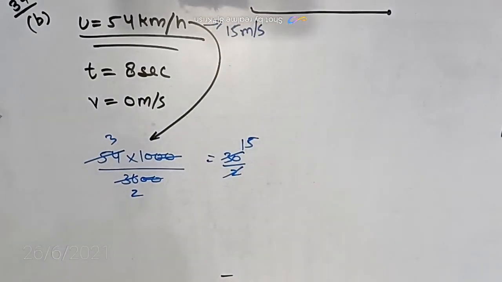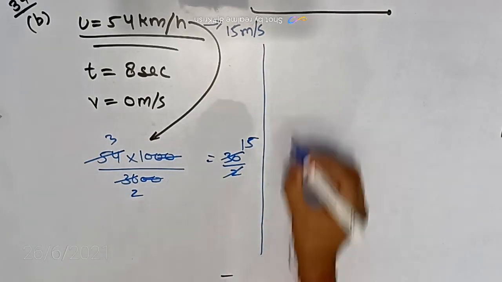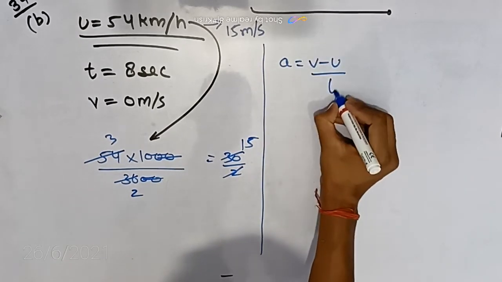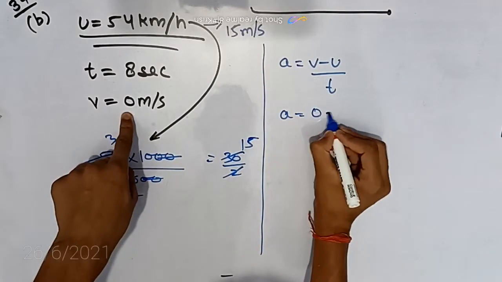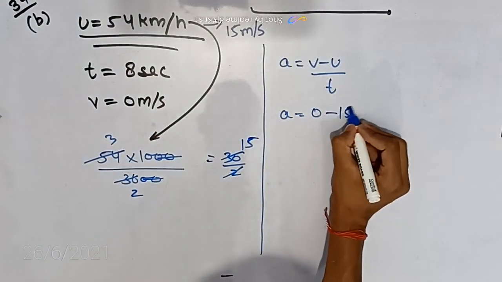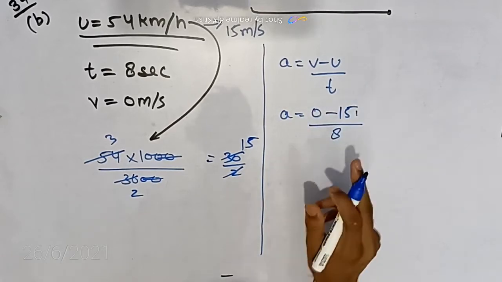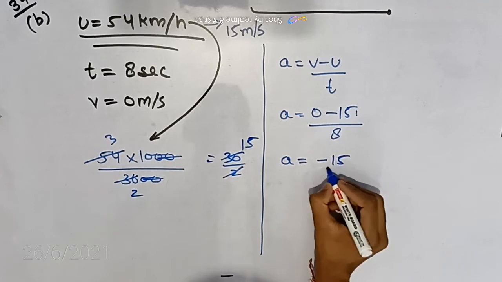So now we will calculate the acceleration. We will place these values in the acceleration formula, that is a equals v minus u upon t, where v is 0, minus u is 15 meter per second, upon time taken t, 8 seconds. So a equals minus 15 upon 8.